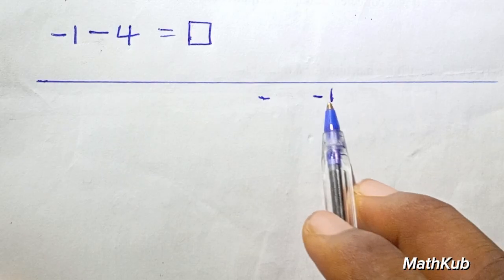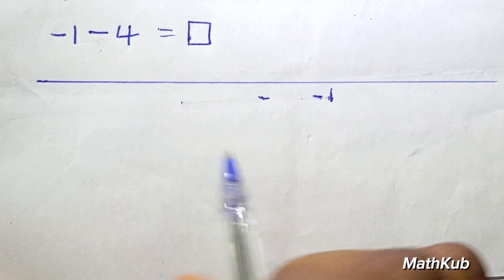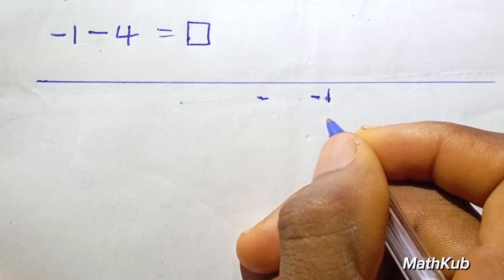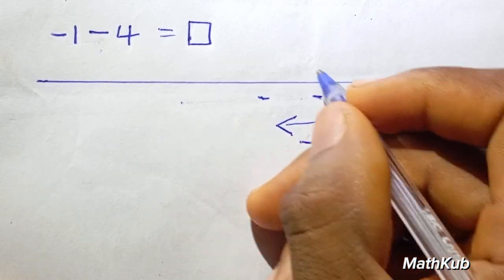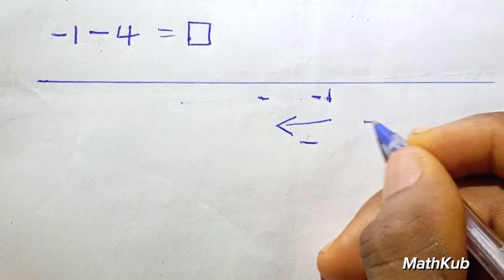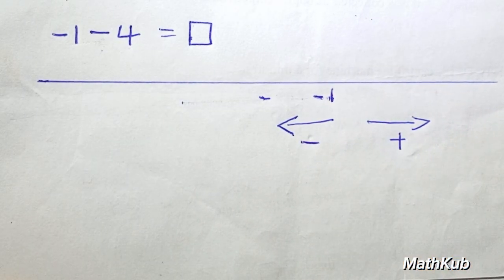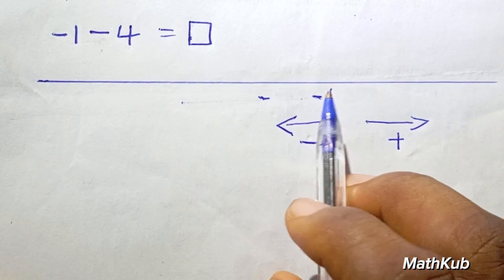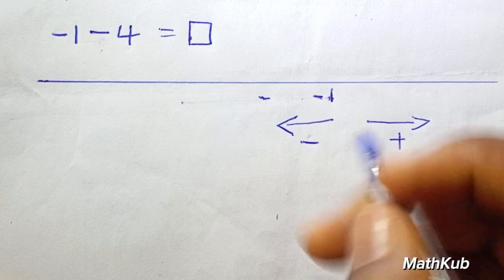Remember, from here down it reduces. This is like saying minus, and going to this side is plus. So as we are going to the left-hand side, the number decreases.